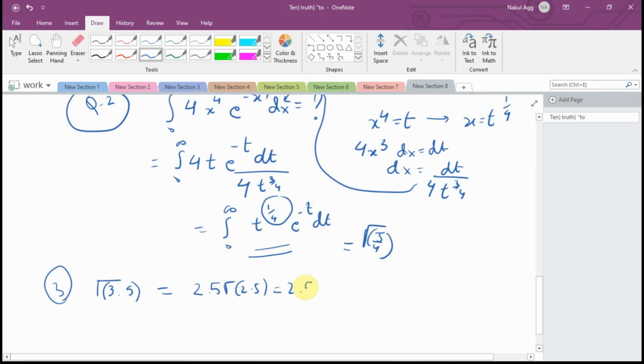If we repeatedly expand this, this is equal to 2.5 into 1.5 into gamma of 1.5, which is equal to 2.5 into 1.5 into 0.5 into gamma of 0.5. But gamma of 0.5 is equal to root pi. So this evaluates to 3.3225.